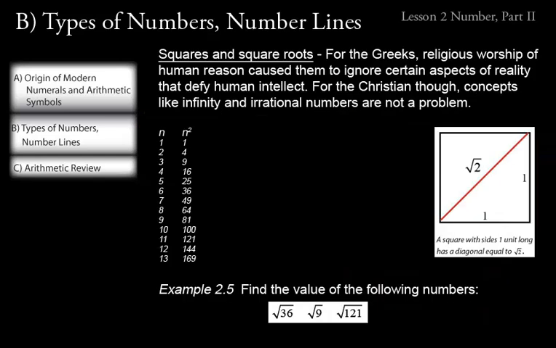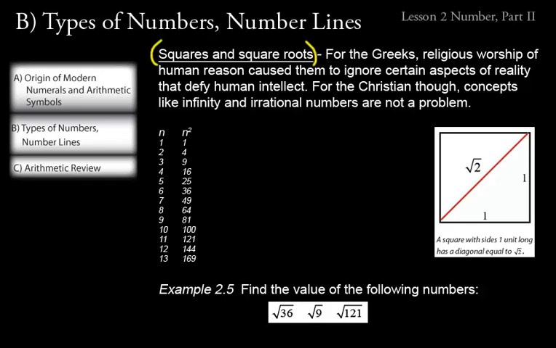Now, another type of number is squares and square roots, and we looked at those a little bit in lesson 1 when we were talking about the Pythagoreans and the Greeks. The Greeks' religious worship of human reason caused them to ignore some aspects of reality that defy human intellect, that we don't totally understand. So they would just ignore them.